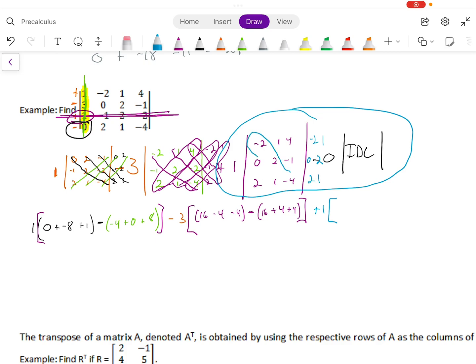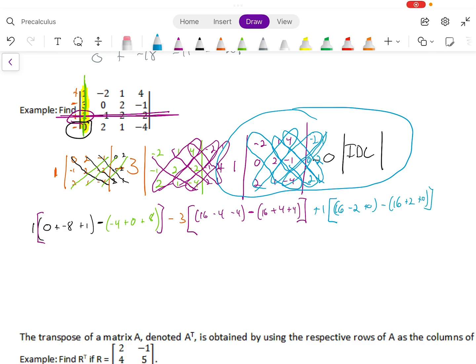And we have 16 minus 2 plus 0 minus 16 plus 2 plus 0.